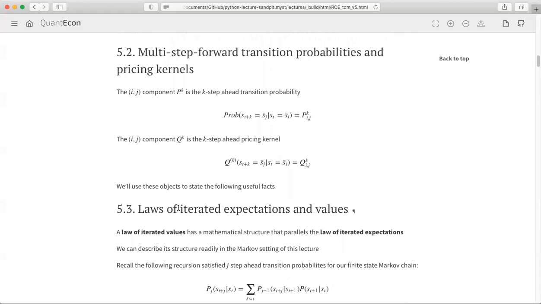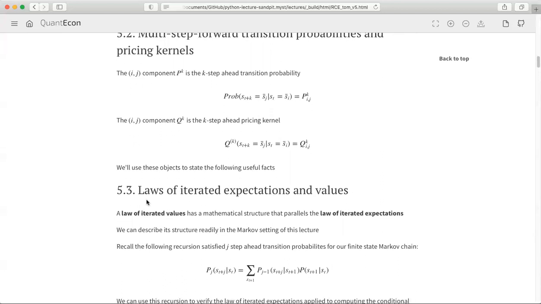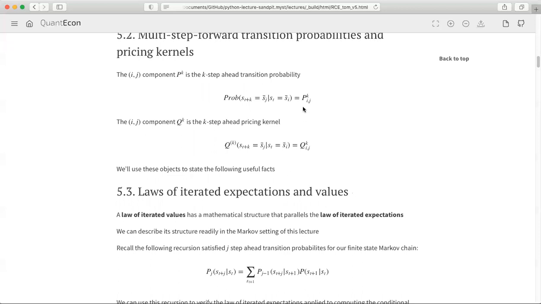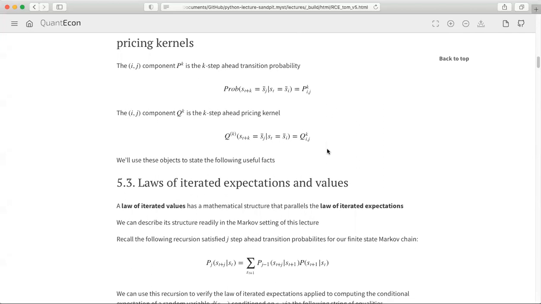Okay, so here I'm just going to take a little digression. It's going to be really useful to know. We know the law of iterated expectations from probability theory. There's also a law of iterated values, and it looks exactly like the law of iterated expectations. And we're going to exploit the fact that these Q's act a lot like probability matrices in some ways.